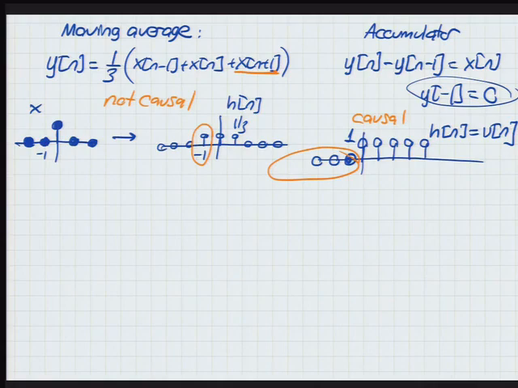All values should be zero except at the origin, because the impulse comes at time 0, right? You can react to that at time 0. Okay, so your impulse response at time 0 can be non-zero, but everything else has to be 0 because I have no memory. The next moment I don't remember there was an impulse, right? And before it came, I didn't know it was coming, so it was all 0.